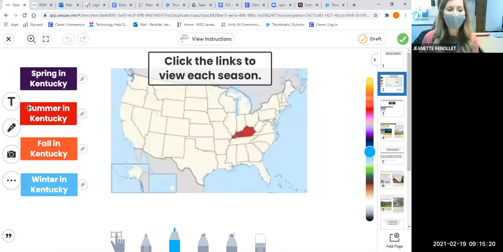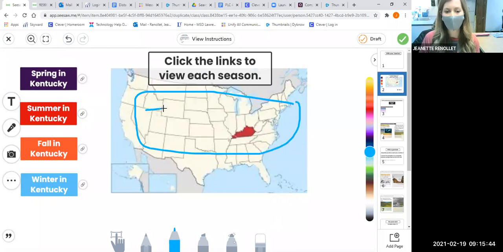You may click on slide number 2. On slide number 2, you will see a map of the United States. In our country, most of our country is a temperate climate.